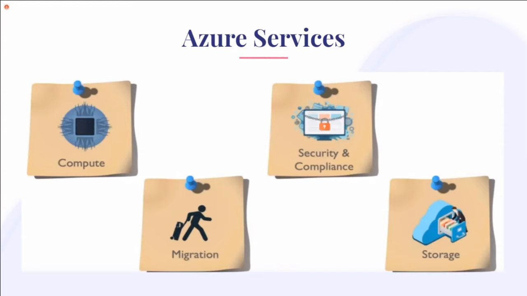File storage manages file shares for cloud or on-premises deployment, just like we share files from one portal to another or from cloud to on-premises. So that is achieved by file storage. Third is queue, a messaging store for reliable messaging between application components. And fourth is table, a NoSQL store for schemaless storage of structured data.